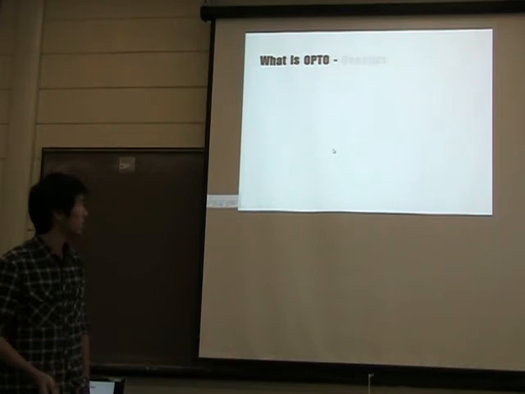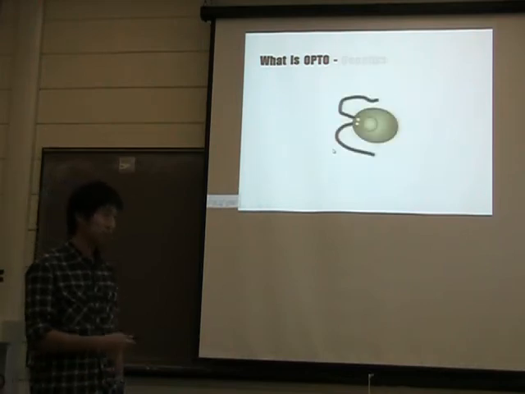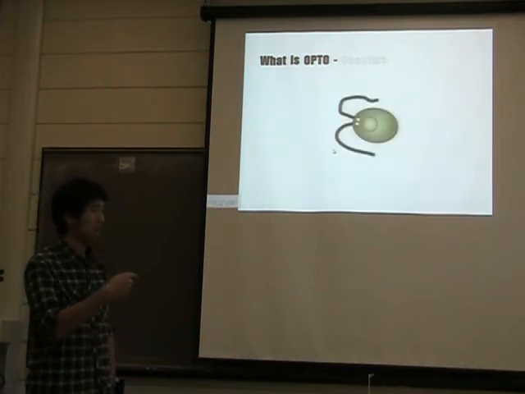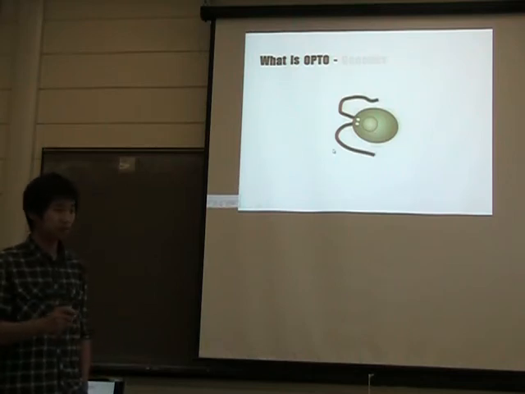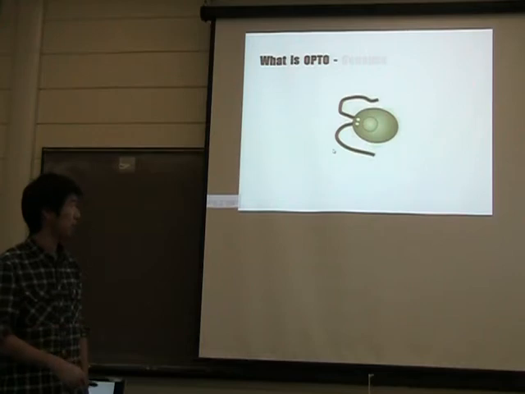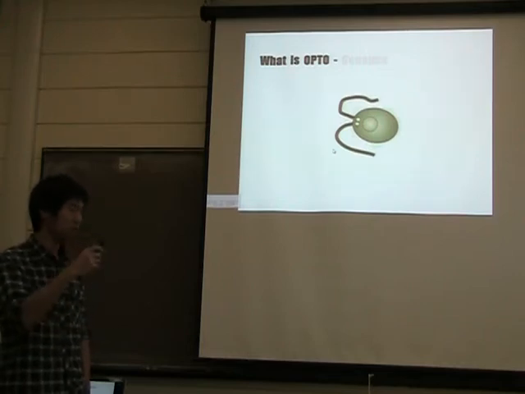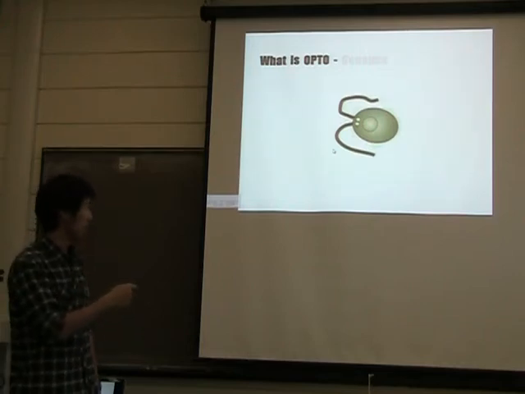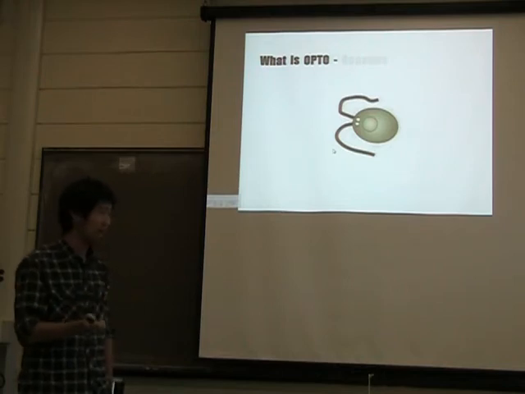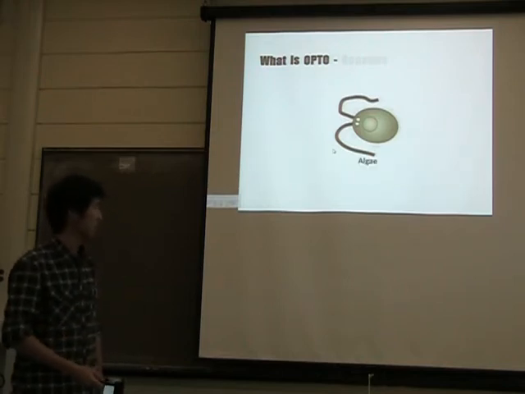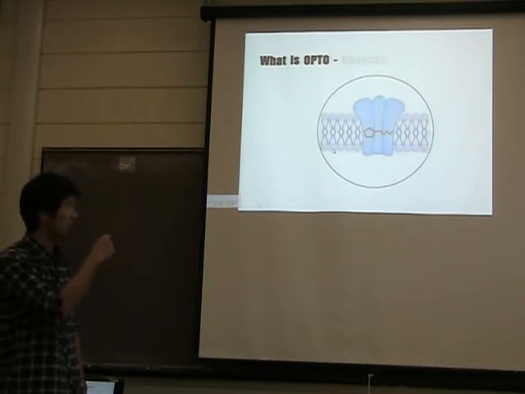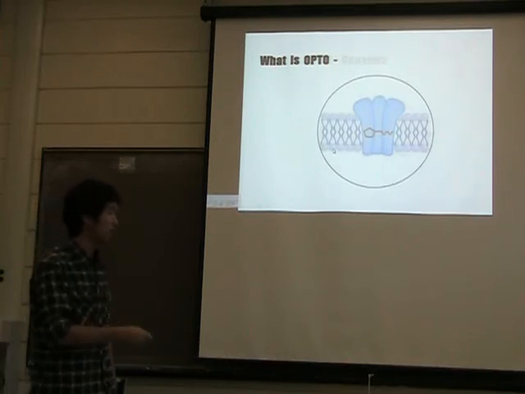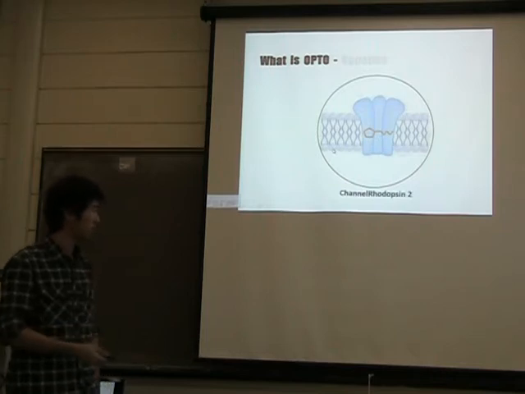Let's see opto first. All the stories start with a kind of green bacteria called algae. Algae is a strange organism that, when there's light, will run away from the light. Scientists found that this is because of a kind of molecule on the cell membrane of the algae, called channelrhodopsin.